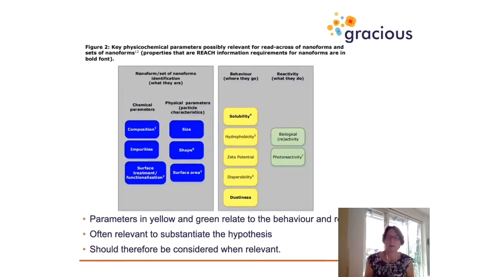And then the properties in green, biological reactivity or photoreactivity, often relate to the reactivity and hazard of the materials. So the properties in yellow and green need to be indicated and substantiated in the hypothesis where relevant.